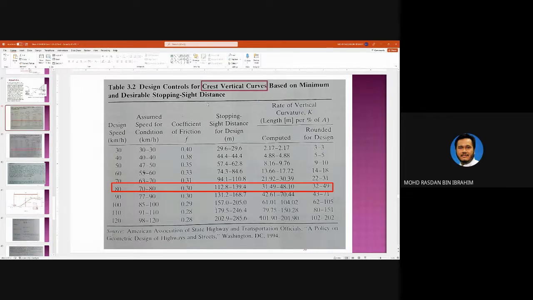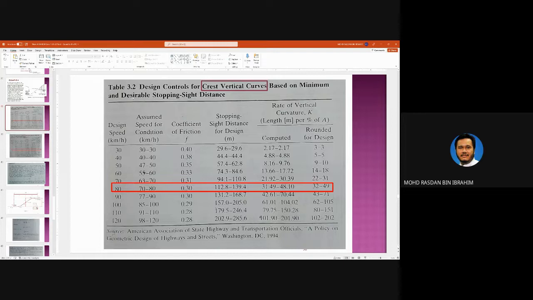So actually, this concept is a distance that is adequate for a vehicle to stop once the driver sees an object on the road. Okay, so by using this K value, a vehicle can stop as soon as they see an obstacle on the road. Okay, right. So for each design speed, you'll get a range of K values.